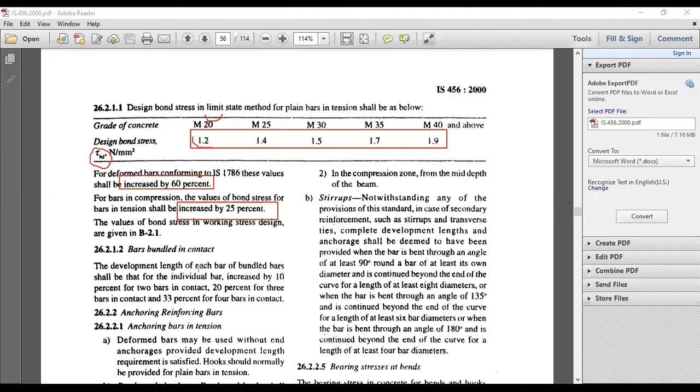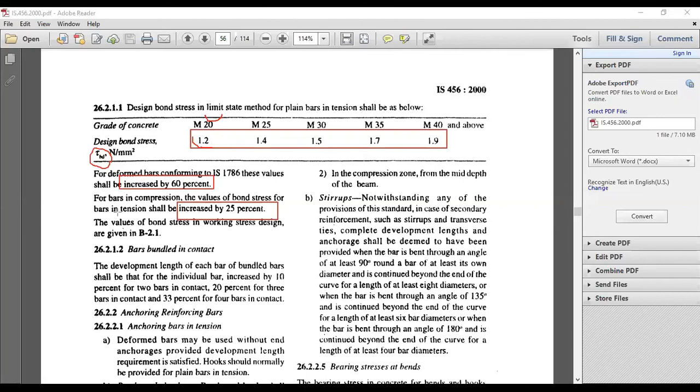And if the bars are in compression, as in the case of a column where the bars are always in compression, then you need to multiply the value you obtained by 1.6 again by 1.25, increasing it by 25%.